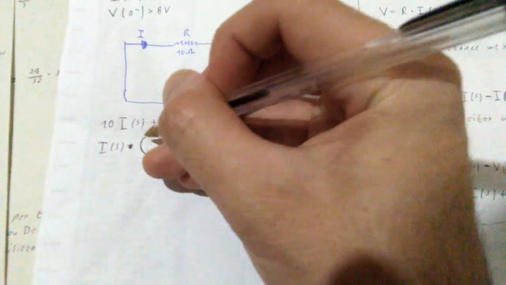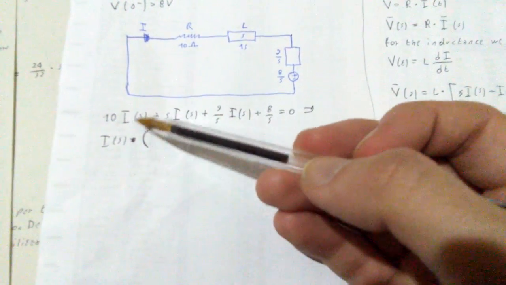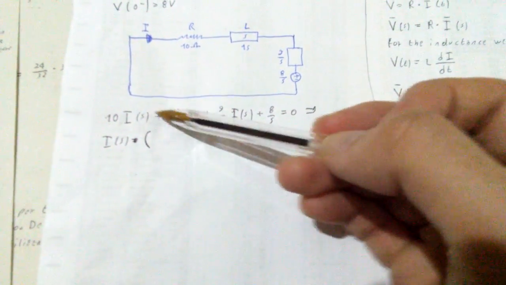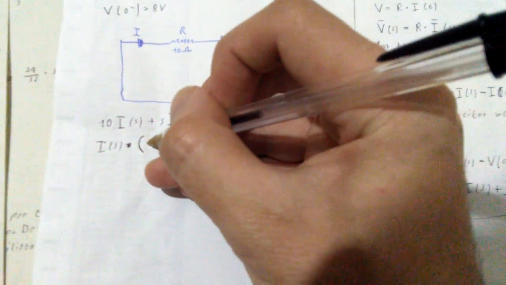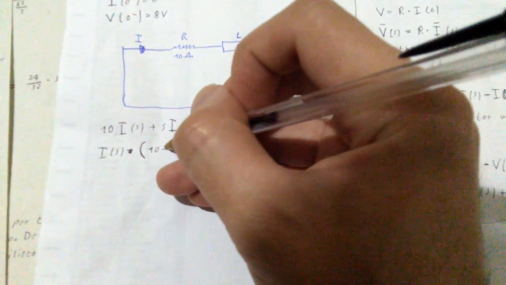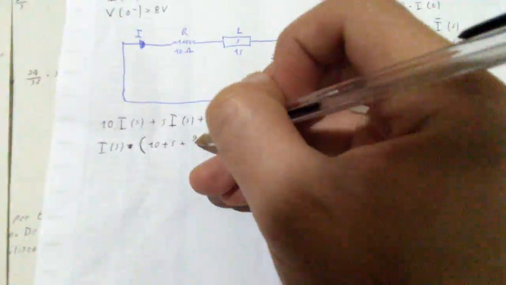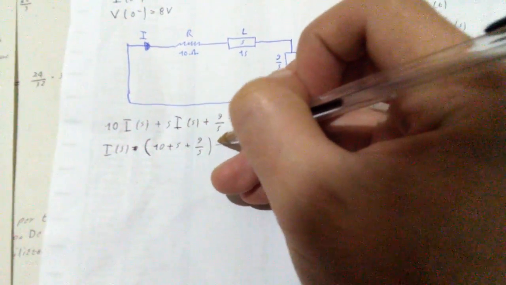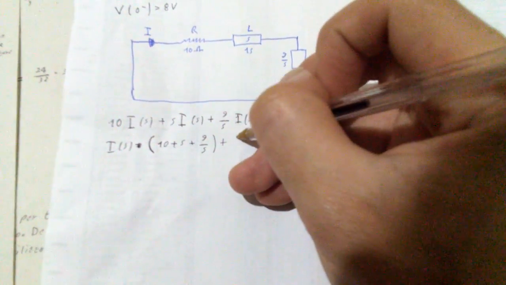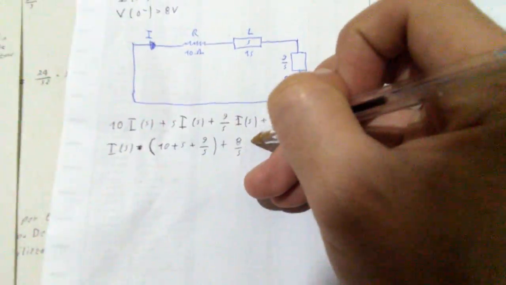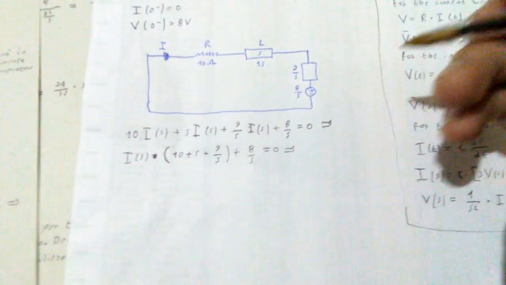So we multiply by Is, and we get 10 plus s plus 9 over s, and then plus this term here, 8 over s, everything equal to 0.